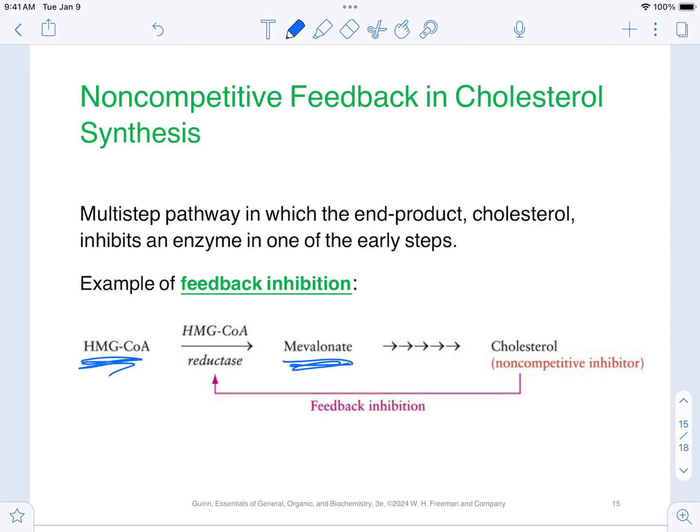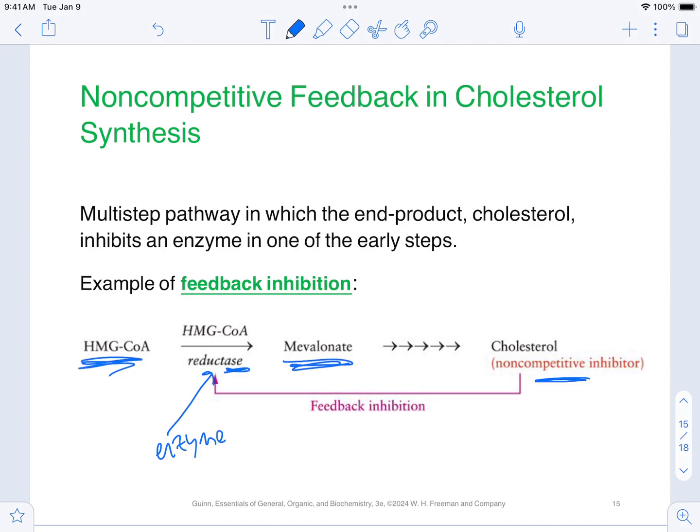This is just one step, and this is a multi-step pathway, but this is the first step right here. This is your enzyme, right? It ends in ASE. So what happens once it goes here, your cholesterol, this non-competitive inhibitor, will go to the enzyme and it will inhibit it.